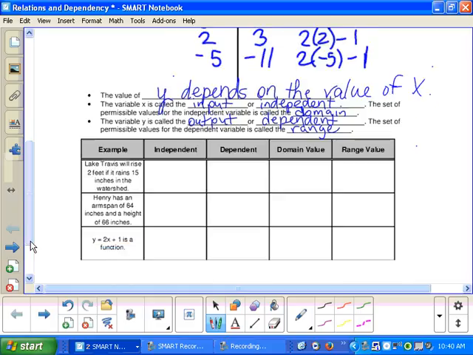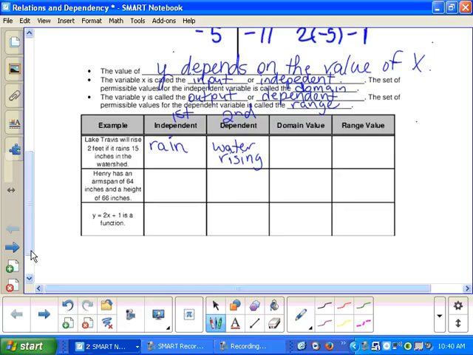If we have the one about the lake, it's going to ask you about the independent quantity or variable. That means the words. So here, this is going to be for independent. What comes first? Rain. Whatever comes first is your independent. And you have to say them sometimes for it to make sense. The water rising is your dependent. So if we're going to write this statement down here at the bottom, let's write this statement.